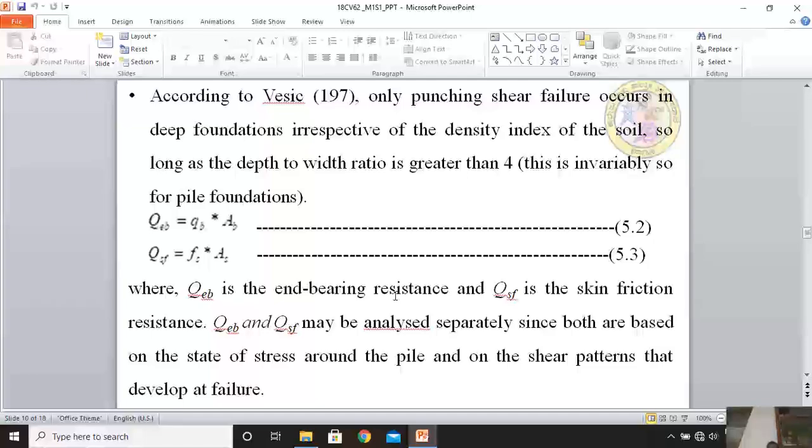QEB and QSF may be analyzed separately since both are based on the state of stress around the pile and the shear patterns that develop at failure.